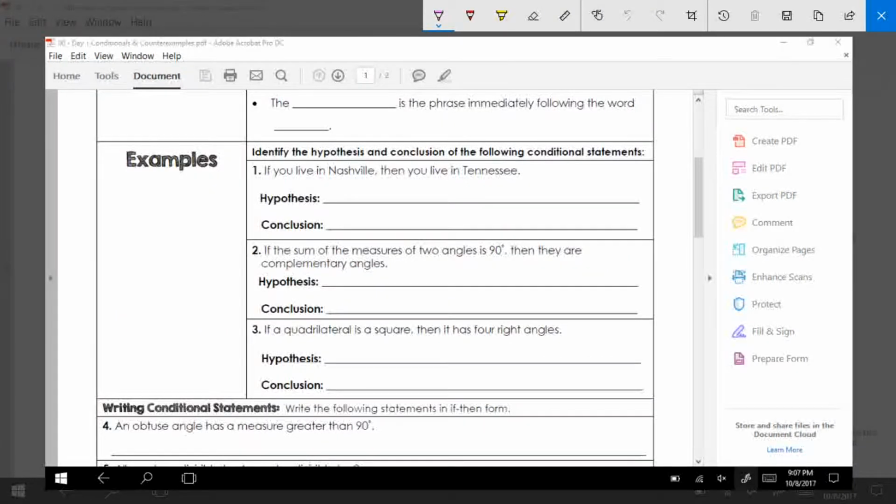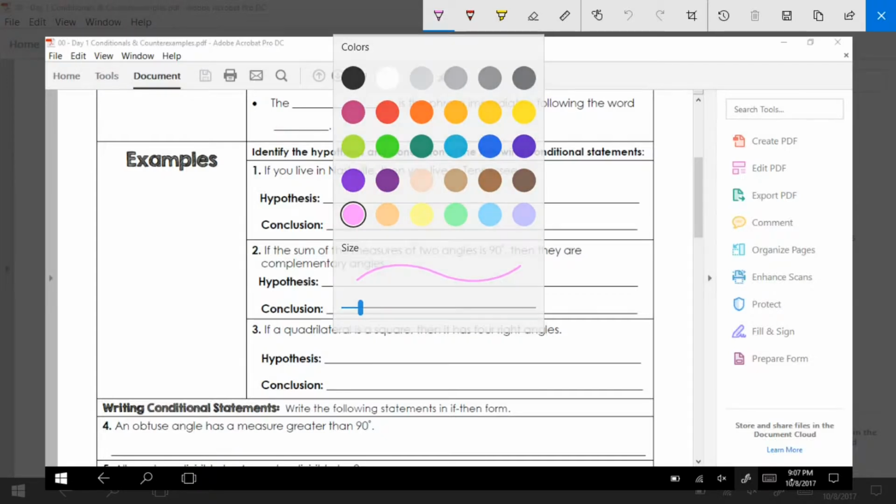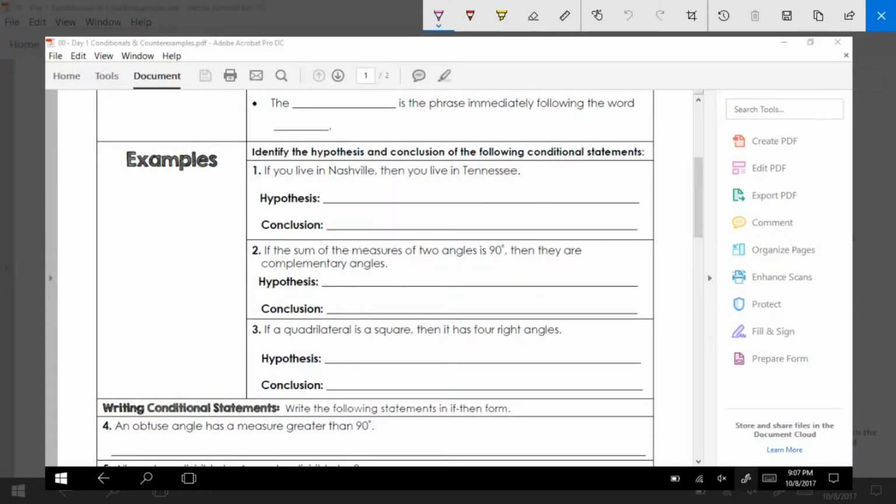Okay, so the first example, we're going to identify the hypothesis and conclusion of the following conditional statements. So number one, if you live in Nashville, then you live in Tennessee. Where is the hypothesis? Remember, the hypothesis is immediately following the word if. So here's if, and immediately following is you live in Nashville.